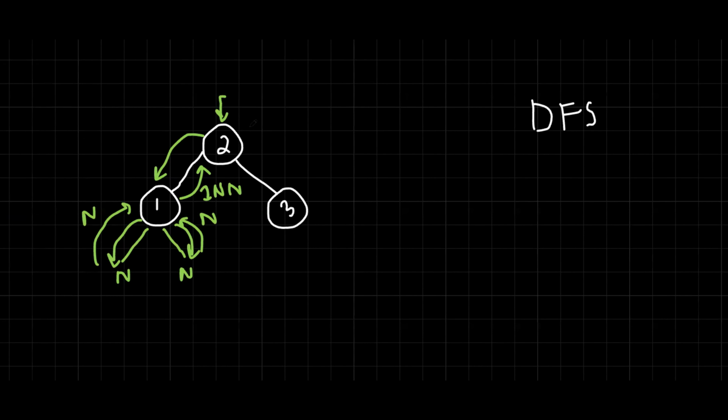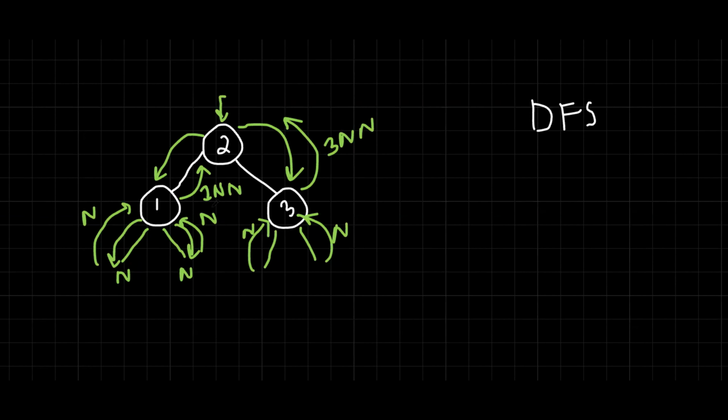Similarly, from node 2, the DFS call goes to node 3, and it does not have any left or right children. So the left child will return n, and the right child will return n. And the node 3 will return the value 3, n, n.